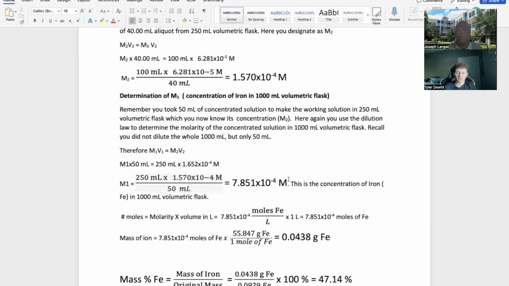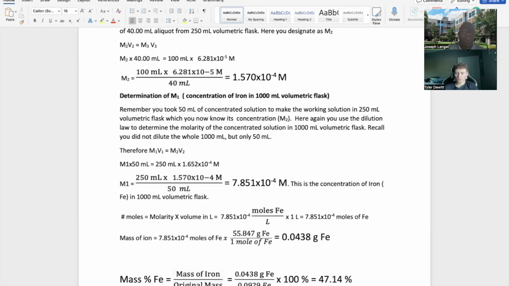And then once you have your M1, this tells you the number of moles of iron in the concentrated solution. The entire 1,000 ml, you know the concentration, so you know the number of moles: molarity times volume in liters. You see, this is molarity, because it was in ml, so convert to liters. And then you convert to mass using the molar mass of iron, and that will give you the mass.